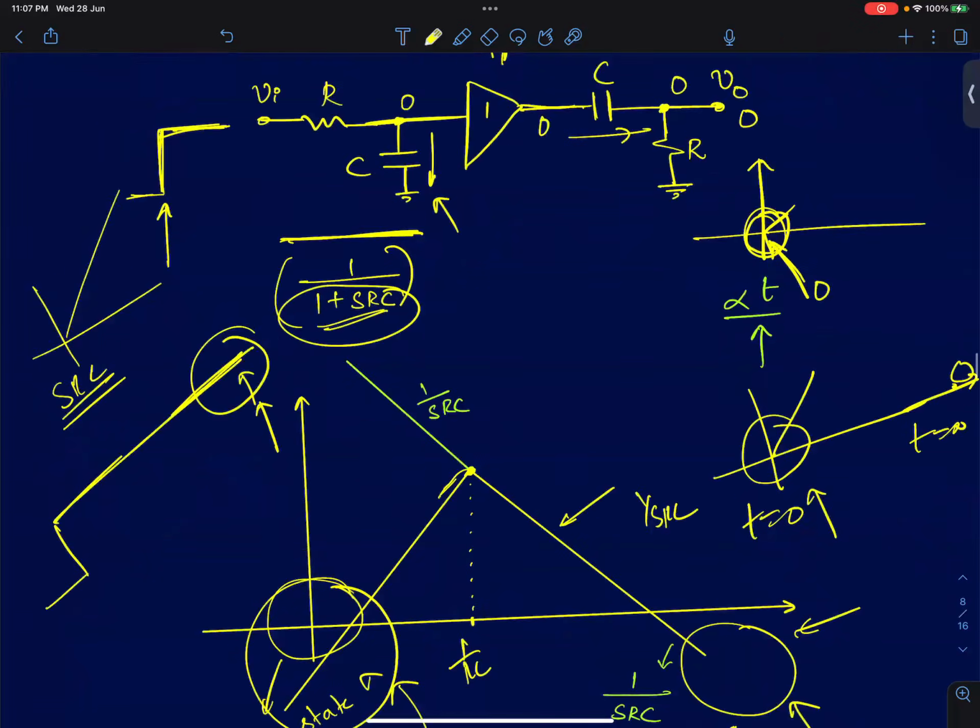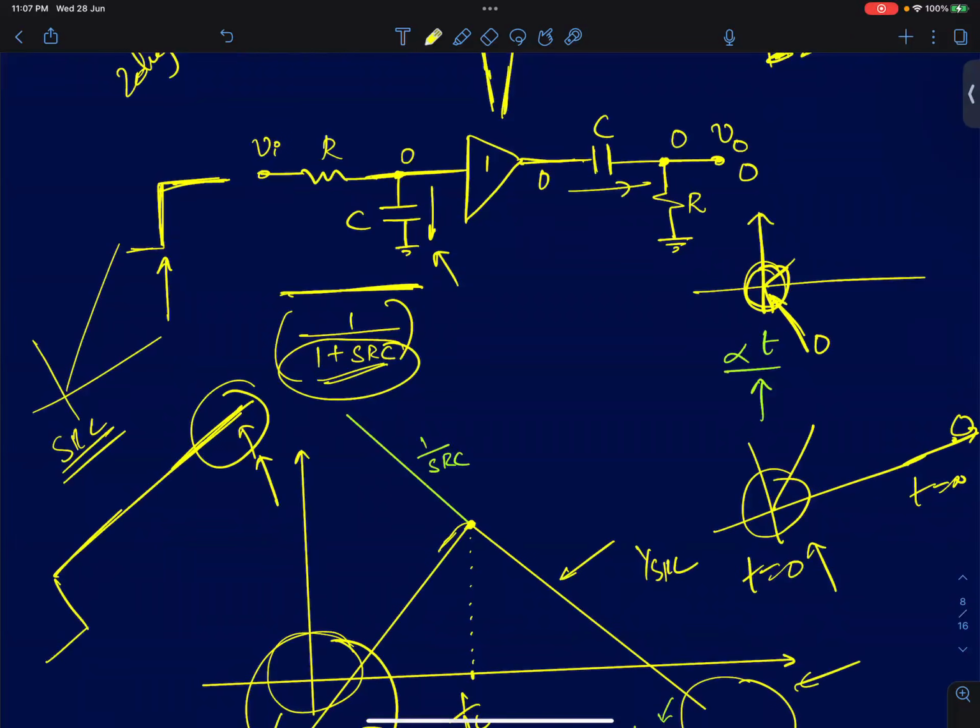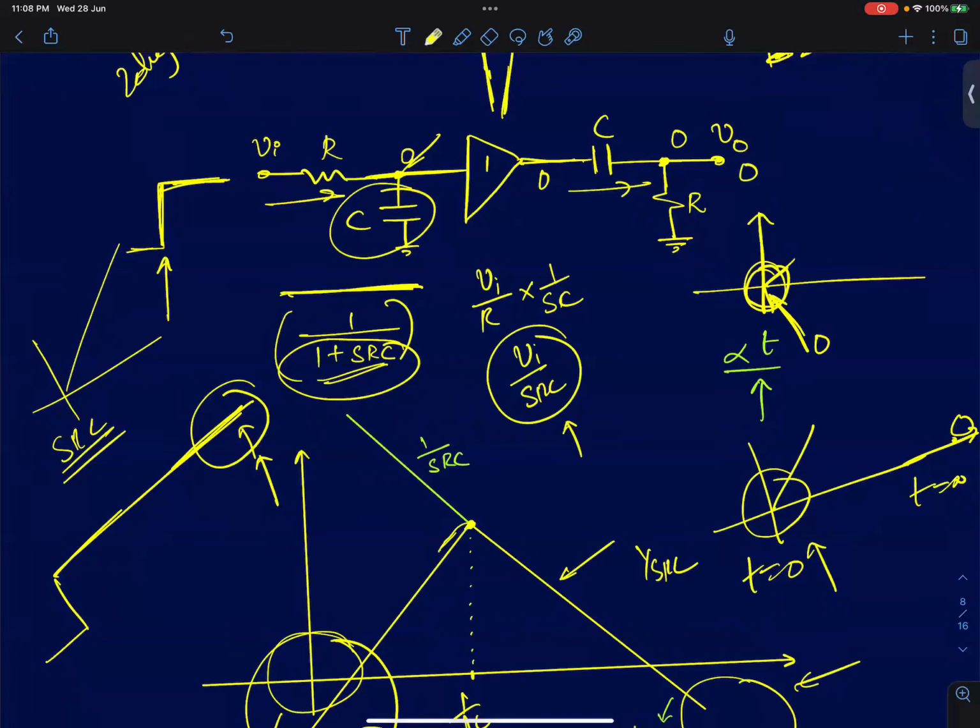Okay, I can do something in circuit design itself. I can say, okay, the impedance of the capacitor has become so small that this node is almost close to 0. So the current drawn by the circuit will be VI by R. That flows into an impedance of value 1 by SC. So the voltage at this node will be VI by SRC, which is nothing but an integrator. I can do this as well.